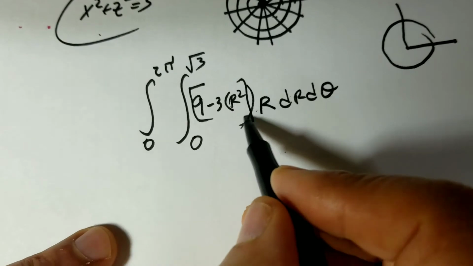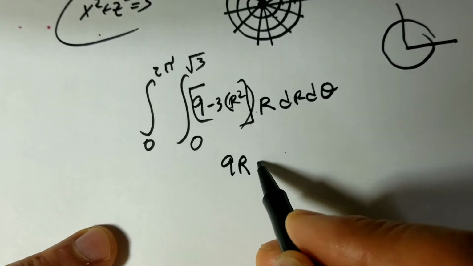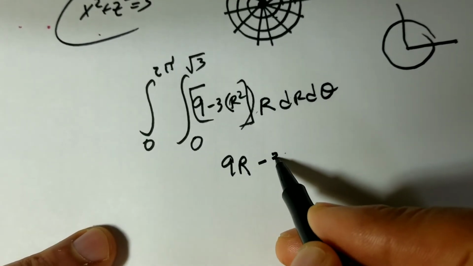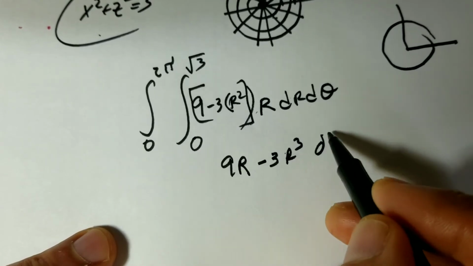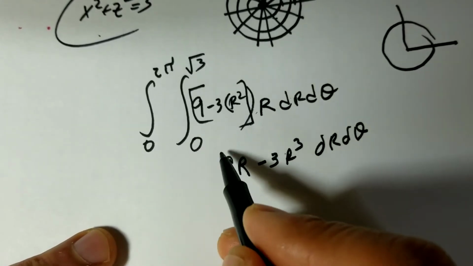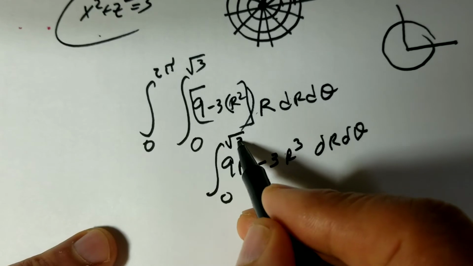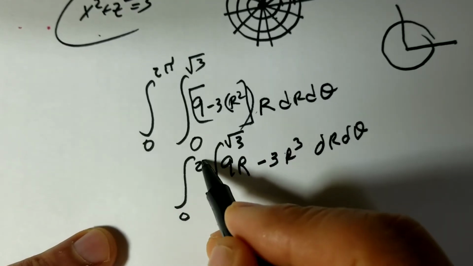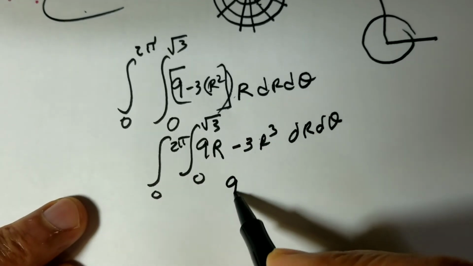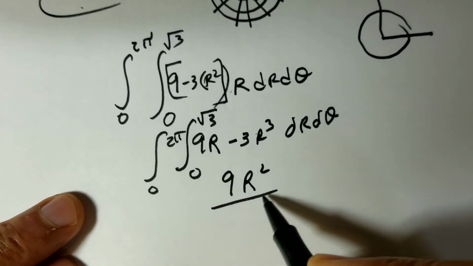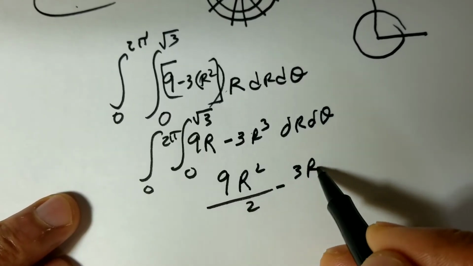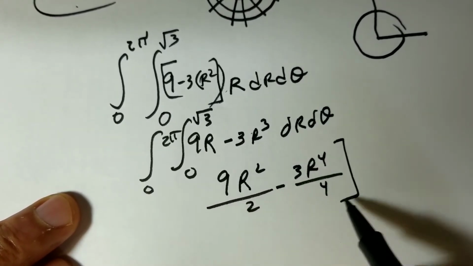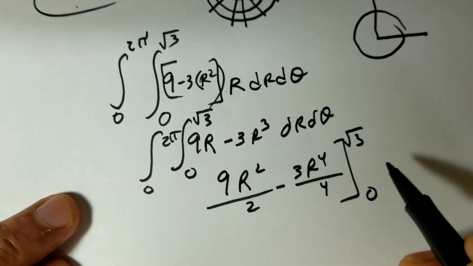In here, I'm going to multiply 9r minus 3r cubed dr d theta. I don't think I need to continue this problem because anybody can do it. That's 9r squared over 2 minus 3r to the power of 4 over 4, from 0 to square root of 3.